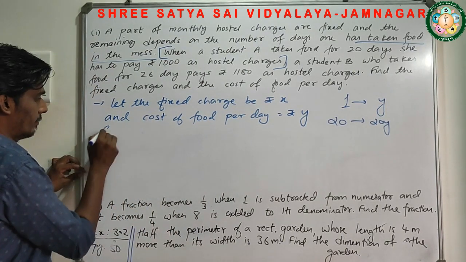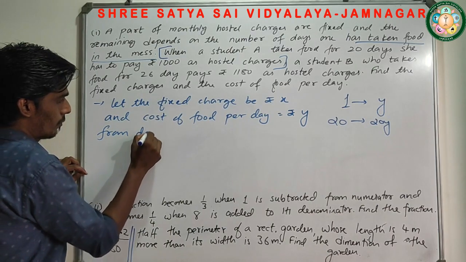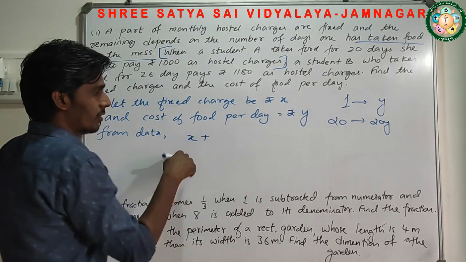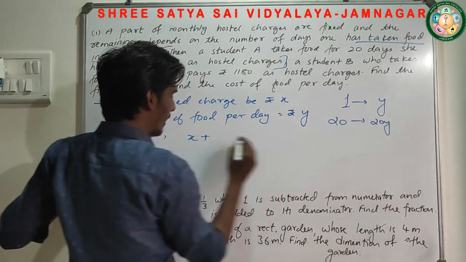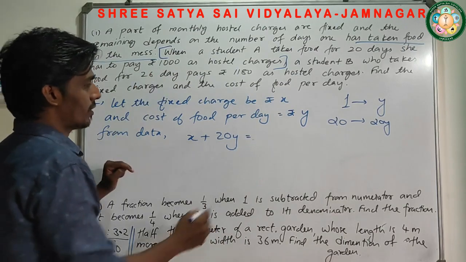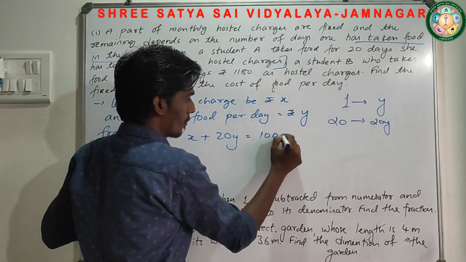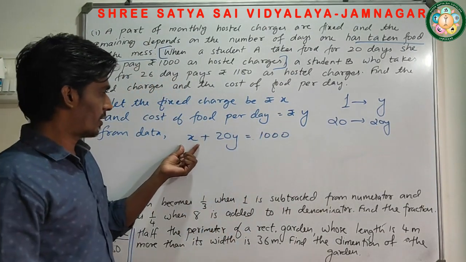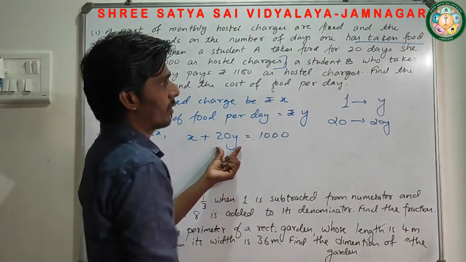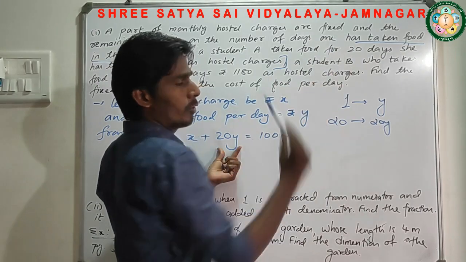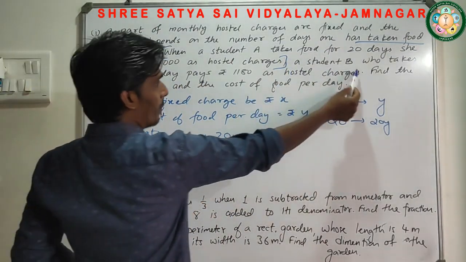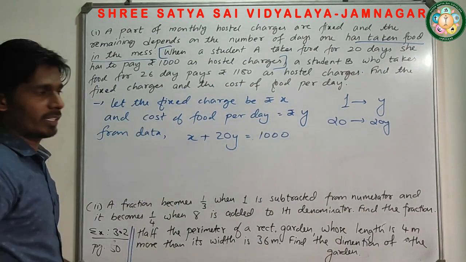So the equation becomes, from the given data, X is the fixed charge plus 20 into Y, which is 20Y. How much does he pay for that? Rupees 1000. So this is our first equation. Fixed charge plus the charges that depend on food for the 20 days he took food. Similarly, student B takes food for 26 days.